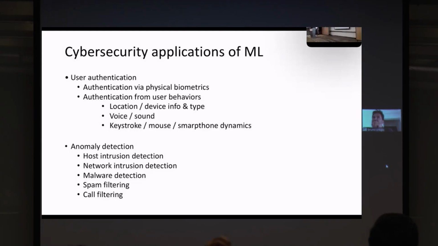Then in the 80s, another approach was proposed where instead of trying to capture the signature of the attack, and so this is reactive in nature as an approach, because you need to see the attack before you are able to detect it, people tried to propose a proactive approach.